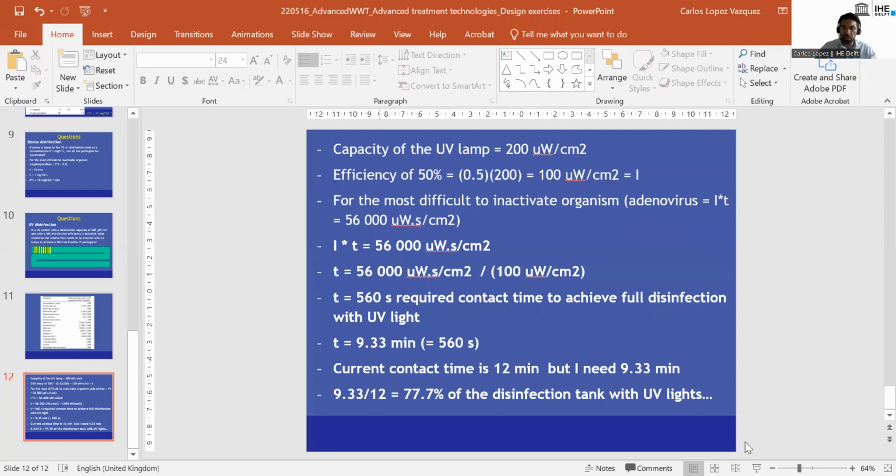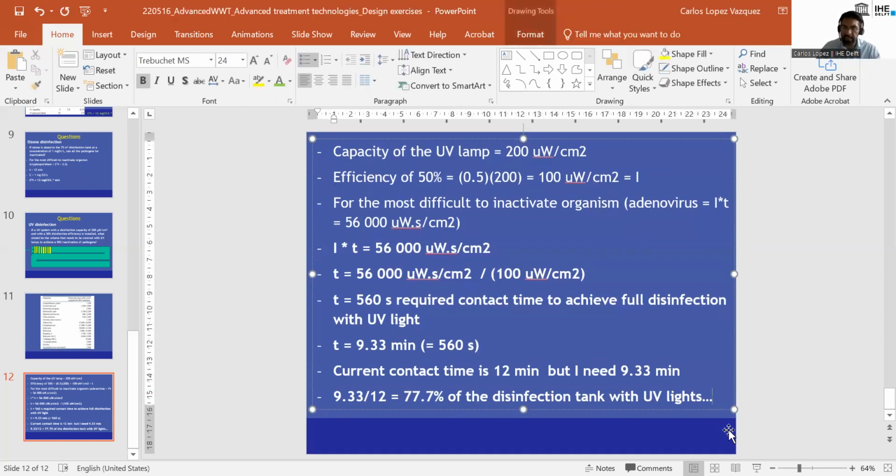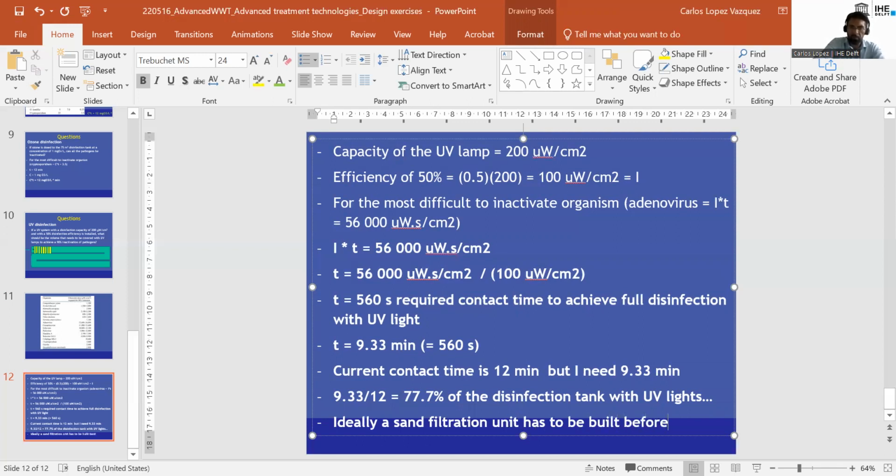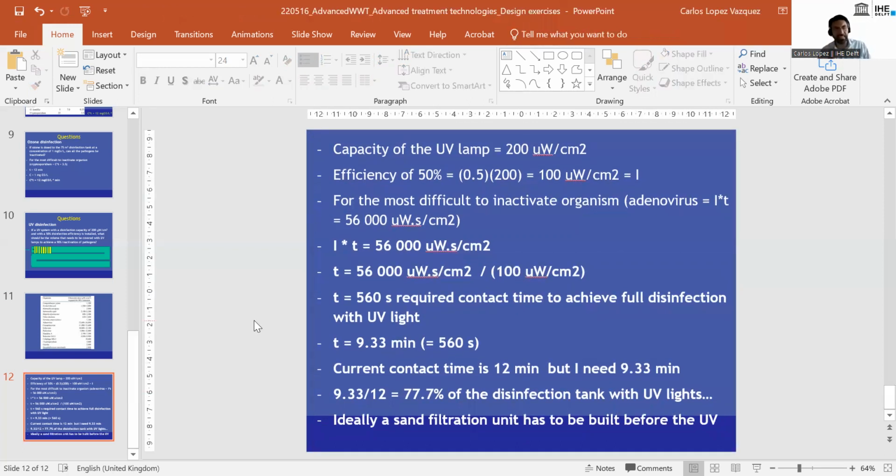Yet you need to consider that ideally, a sand filtration unit has to be built before the UV system. Why? Because UV is light.